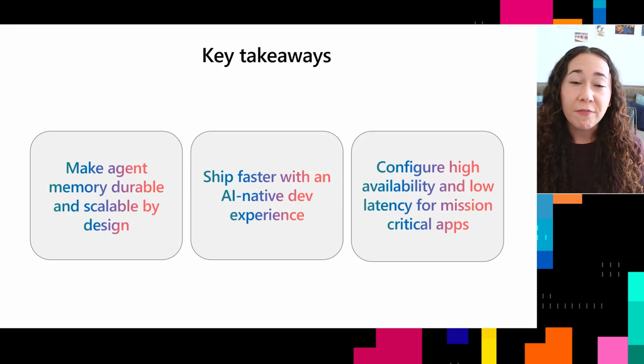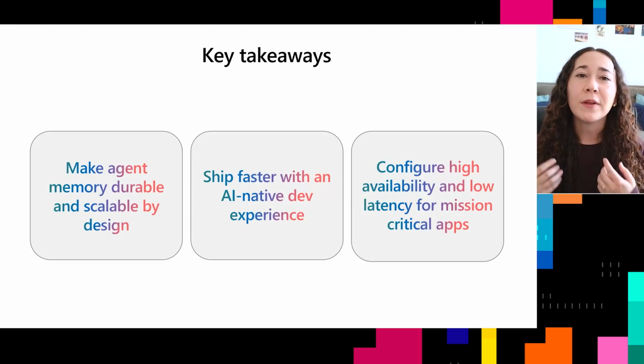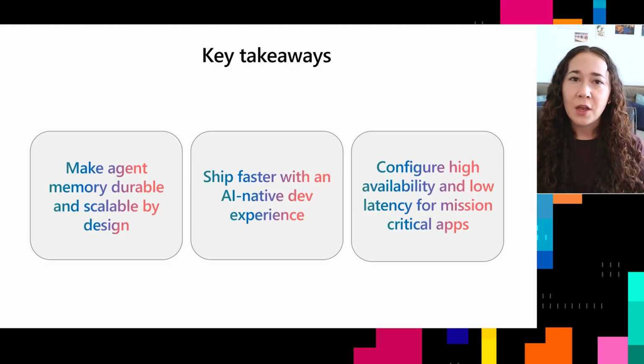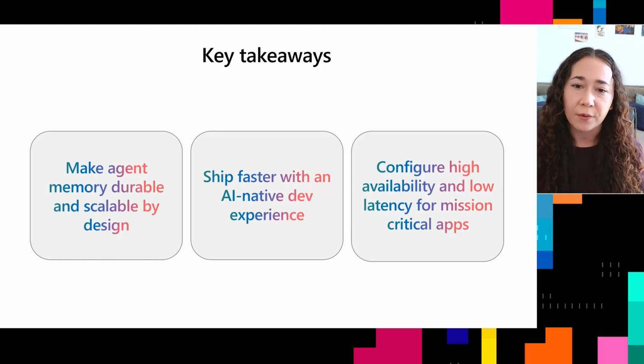You can ship even faster with an AI-native dev experience and the Azure Cosmos DB toolkit to analyze your application and ensure that you're using those best practices. Think about reliability and availability. Are there certain platform features you can take advantage of to avoid brittle error handling in your application code? Really thinking about mission-critical applications and how you can build ready-to-ship AI applications.